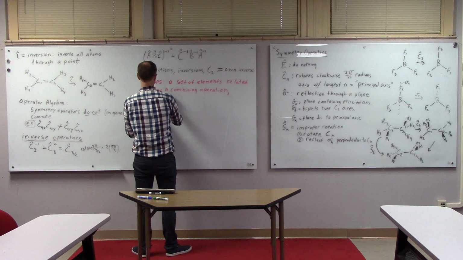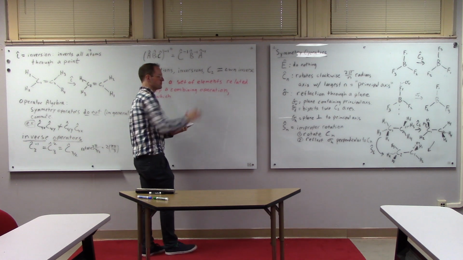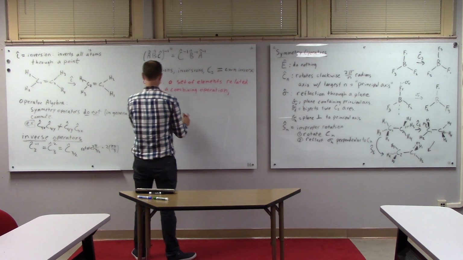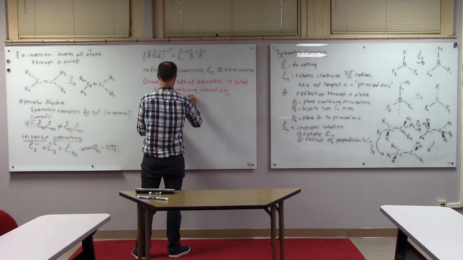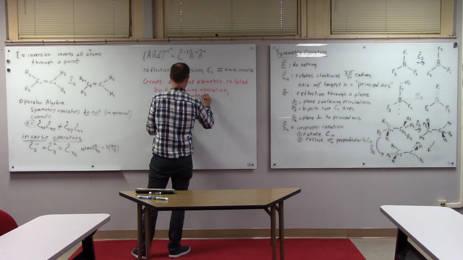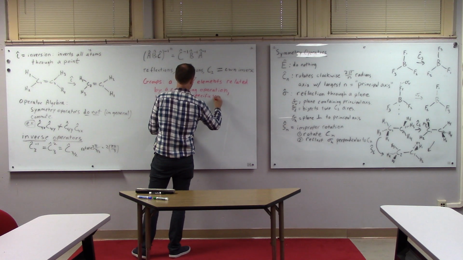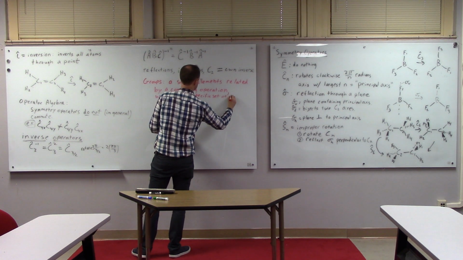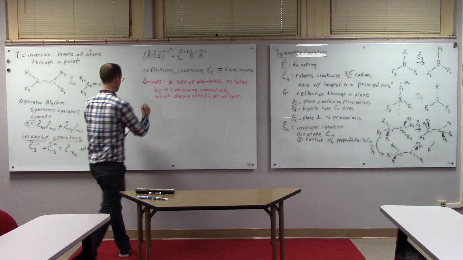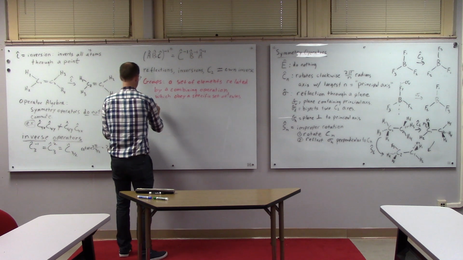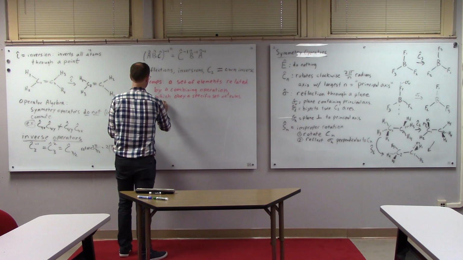And in order for a set of elements to be a group, it has to obey a very specific set of rules. Okay, so first, it has to have the property of closure.